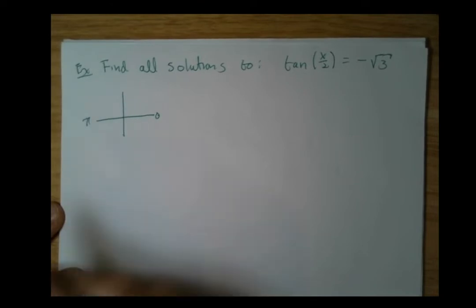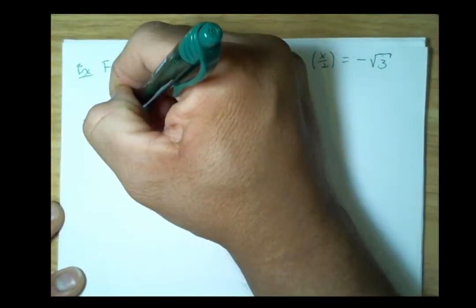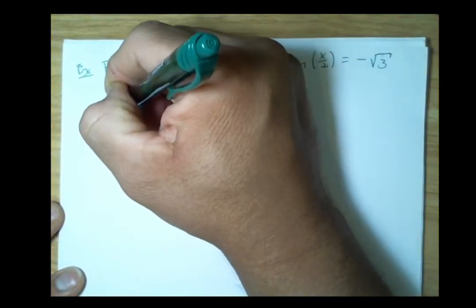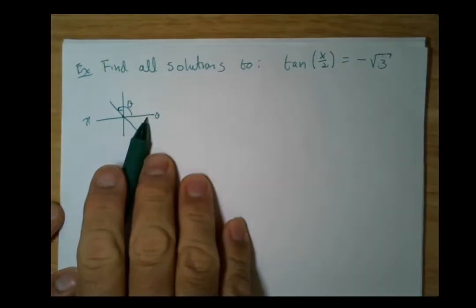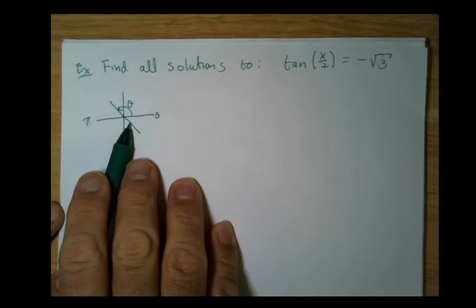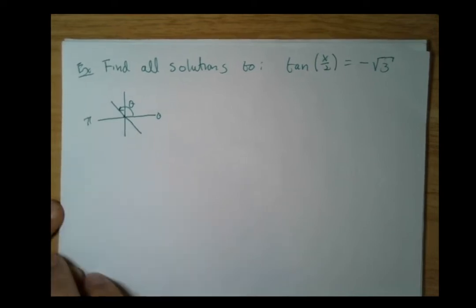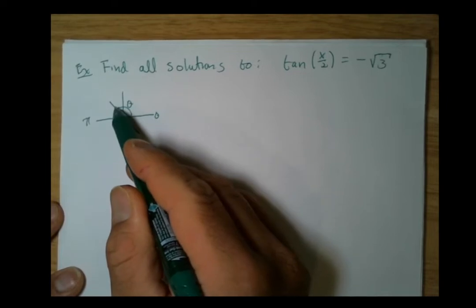Right? So for example, here we're looking for values of the tangent that are negative. Right? So our theta would be here. All right, now it's also in quadrant 4, but we can get to quadrant 4 by just adding pi. Right? So if we add pi, gets us here, add another pi, gets us here.